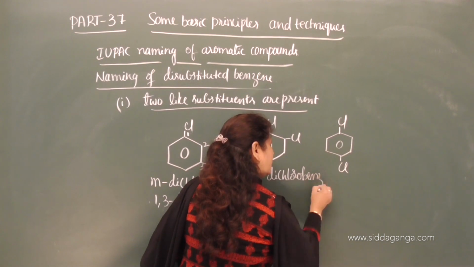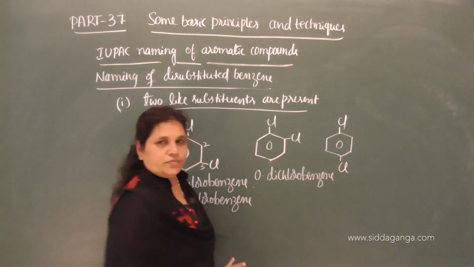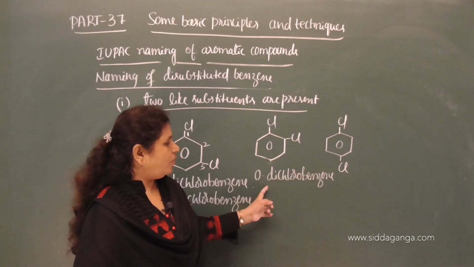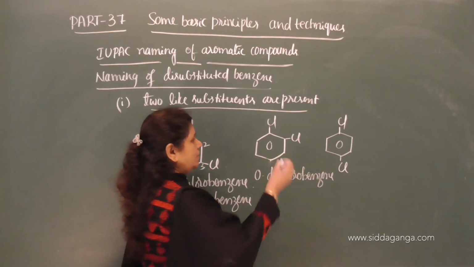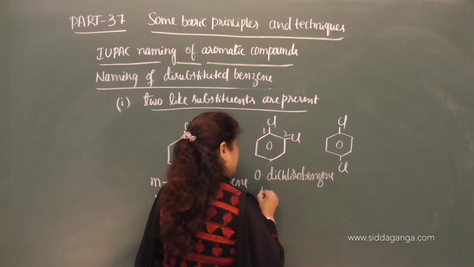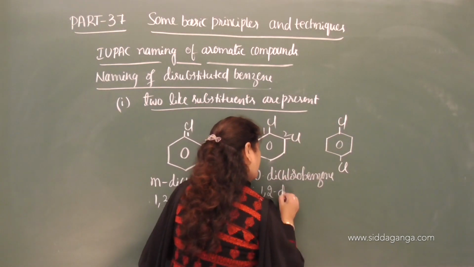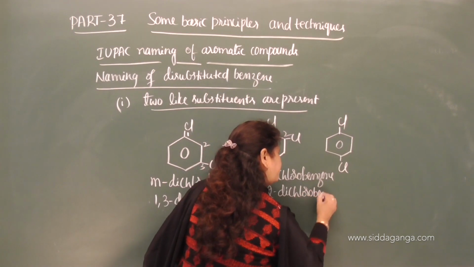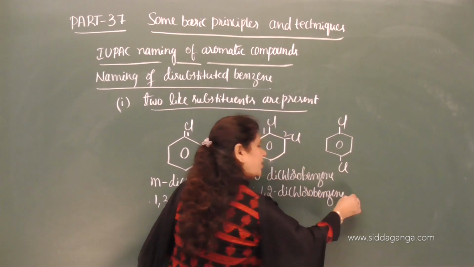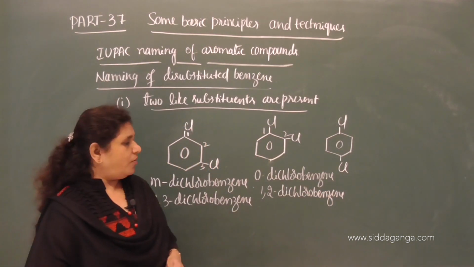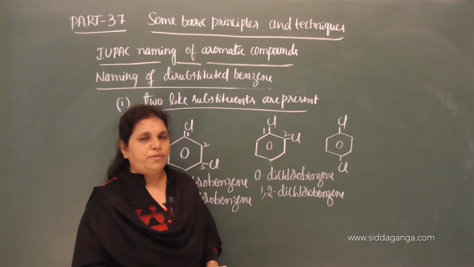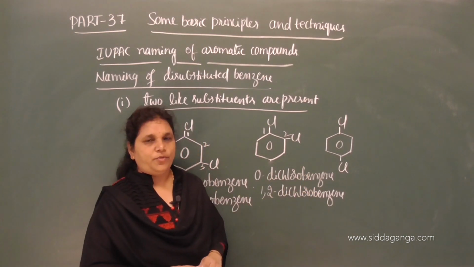O stands for ortho, correct? Ortho dichlorobenzene. What is the position? The position is 1,2 dichlorobenzene. Clear? So, 1,2 dichlorobenzene is ortho dichlorobenzene.